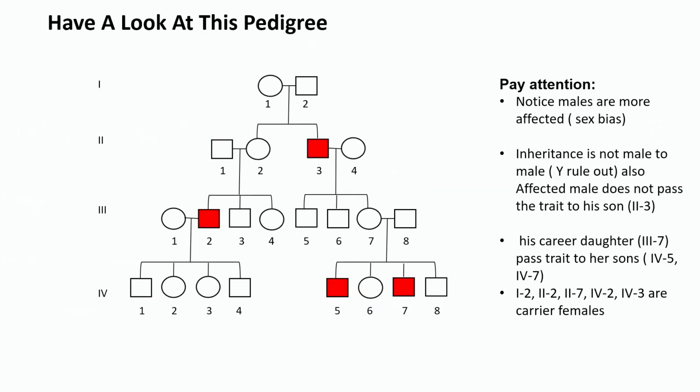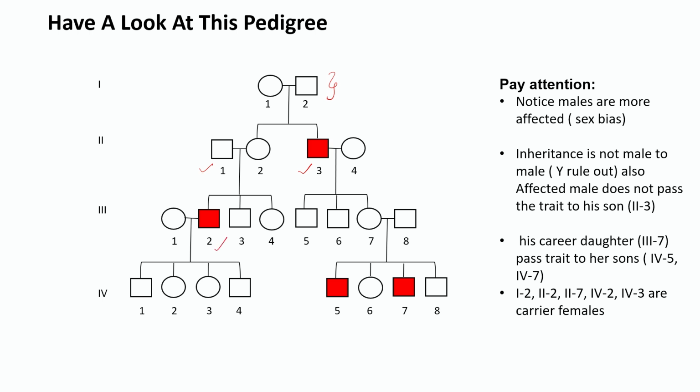Now let's have a look at this particular pedigree. If I look at this pedigree, what am I seeing the most? I see that unaffected parents have affected offspring. This is one thing that indicates the recessive nature of the pedigree, and the same is happening here: unaffected parents have this affected kid.